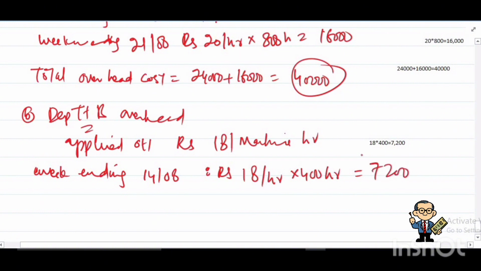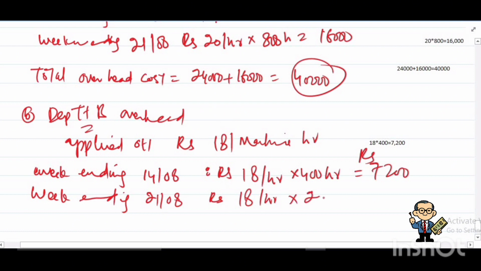700. Now another weekend, 2108, and the rate was the same, 18 per machine hour. The machine hours used in another week were 240 hours, as given in the question.